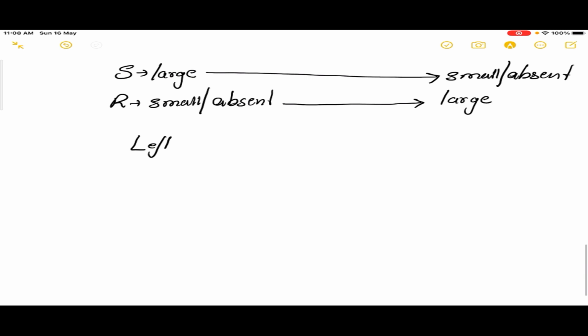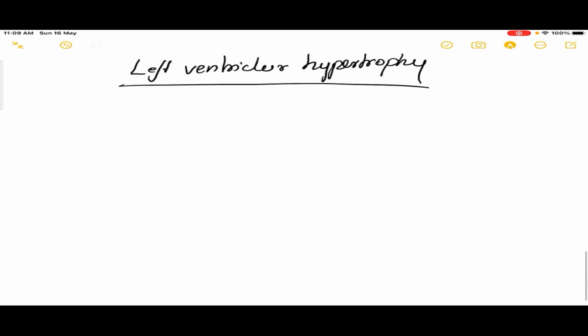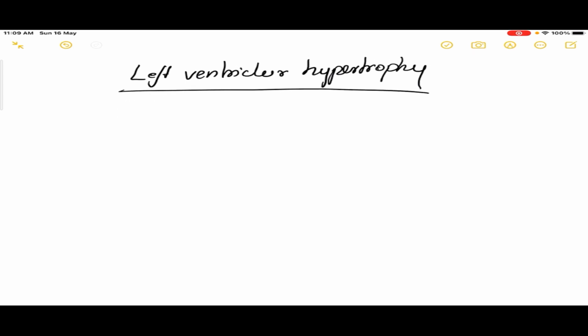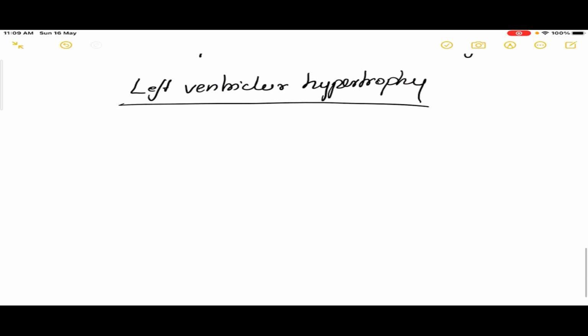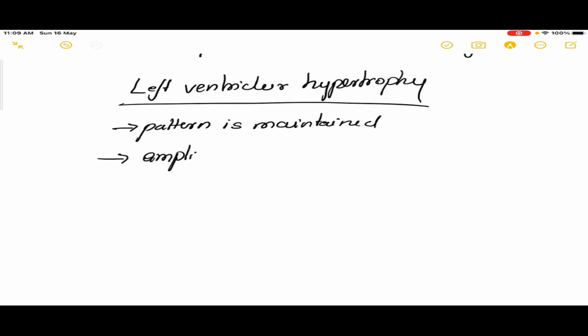Coming first to left ventricular hypertrophy. In left ventricular hypertrophy, the pattern of S wave and R wave changes from V1 to V6 is maintained, whereas the amplitude of the wave is increased.